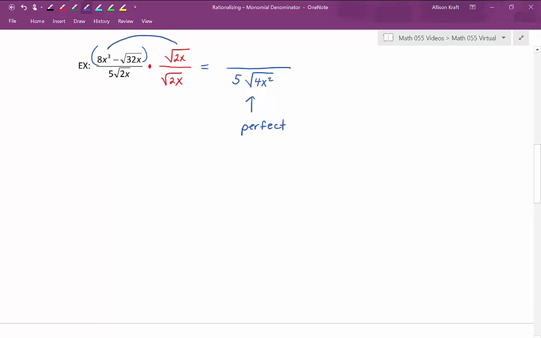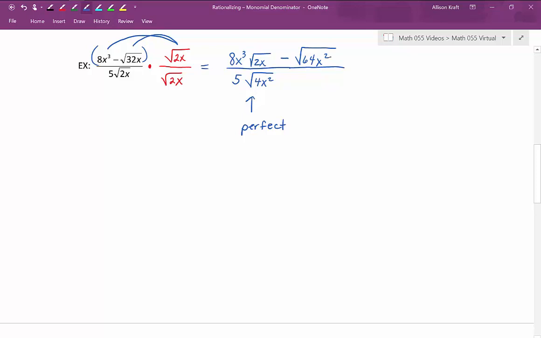The square root of 2x times 8x to the third, 8x to the third on the outside, square root of 2x. And then multiplying square root of 2x times negative square root of 32x is going to be negative square root of 64x squared.